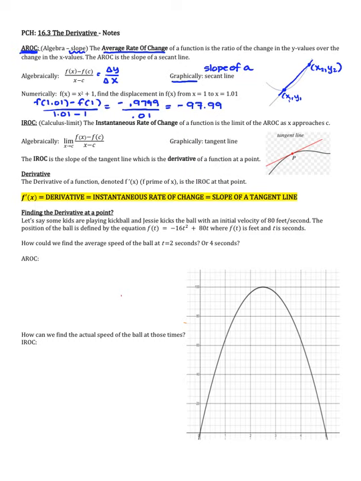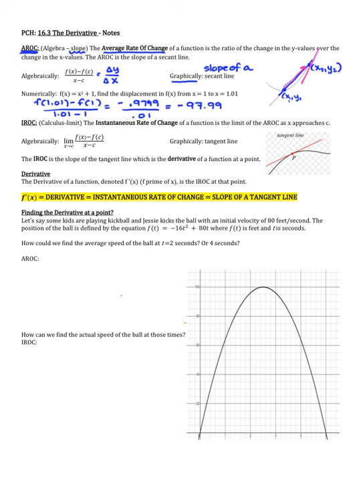Well, what if we took one of these points and we had it approach the other point to the extent where when it approaches that other point, you reach a problem where then the change in the x would become 0.